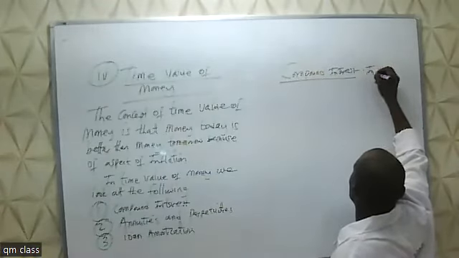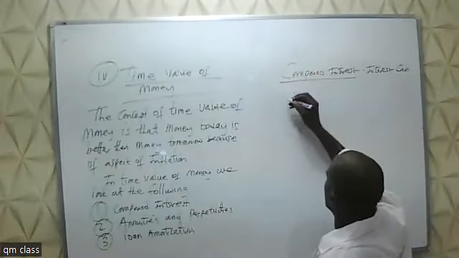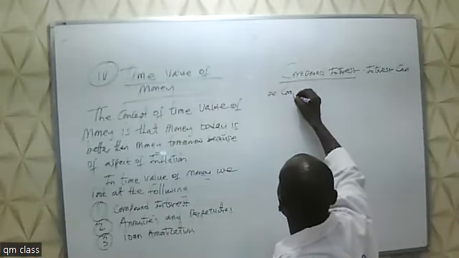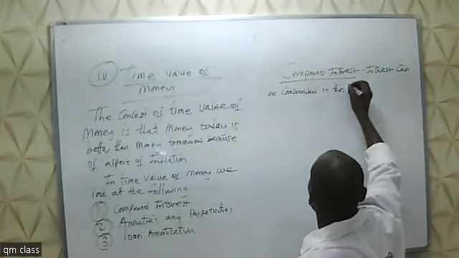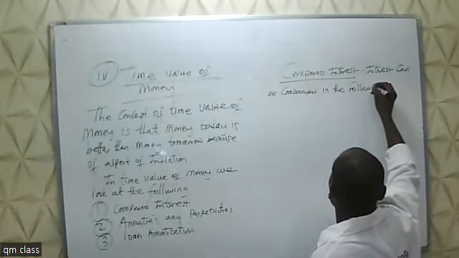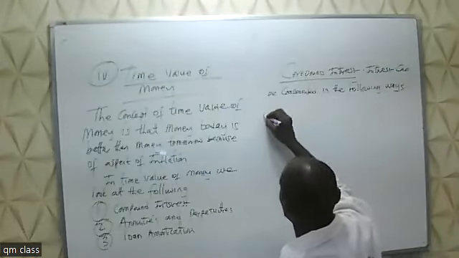Okay, so here we have compound interest. So interest can be compounded in the following ways. Okay, so the first one is annually.